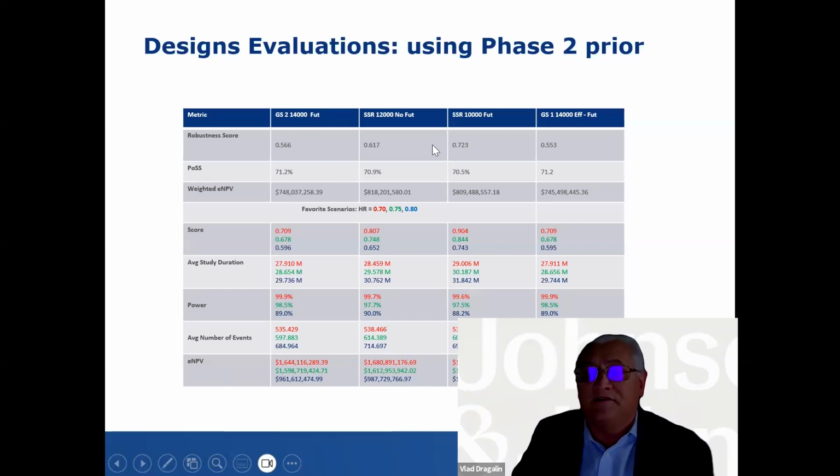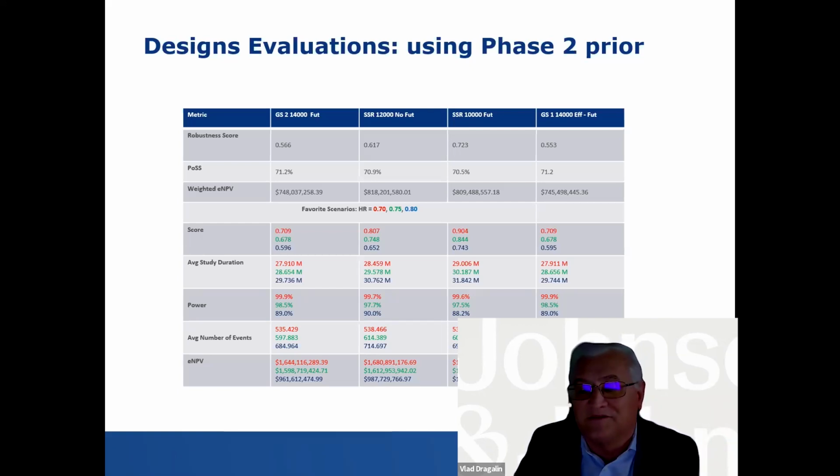Now, for a given design, I can look at different scenarios, either red or green or, let's say, blue, as you can see here. If I assume the drug is a wonder drug, hazard ratio 0.7, then which design gives me the best return on investment, okay?